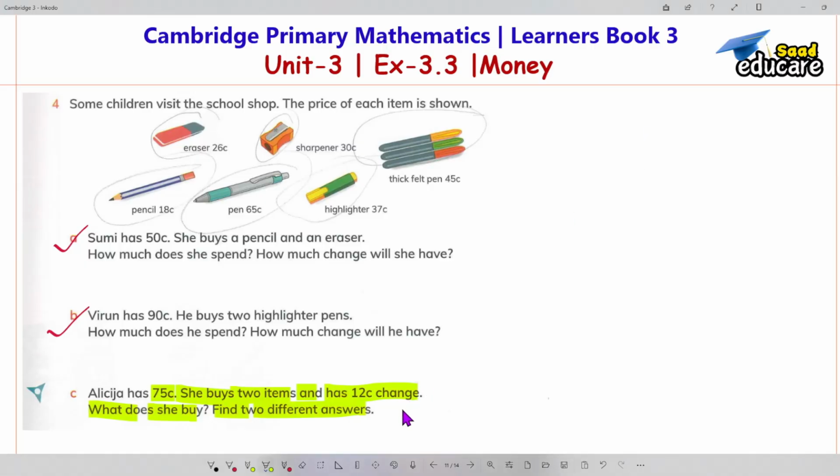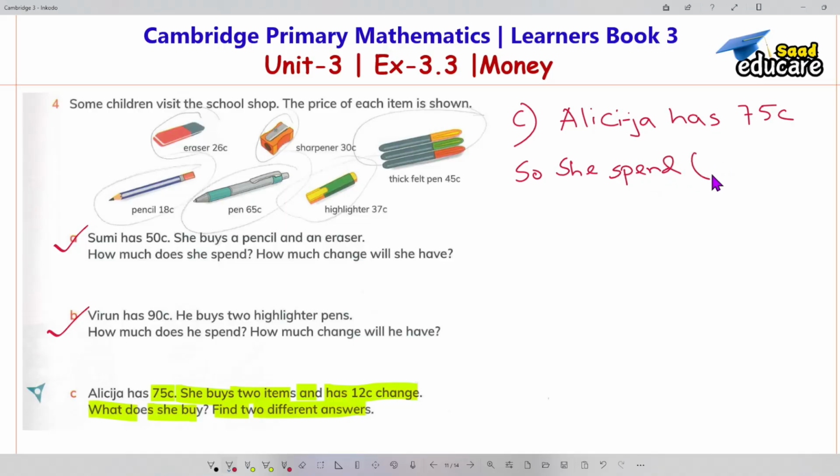First, we have to find out how much she spent. Number C. Alicia has 75 cent. She buys 2 items and she has 12 cent left. So she spent 75 minus 12.